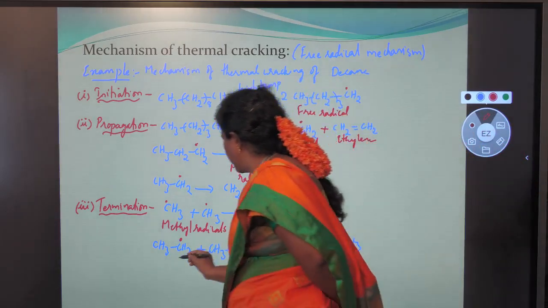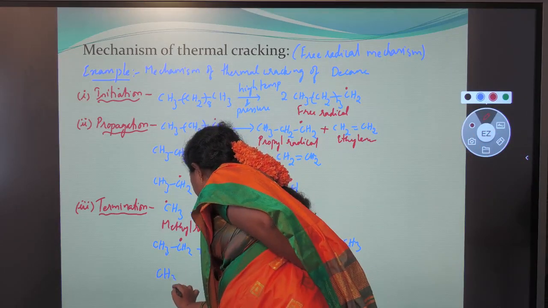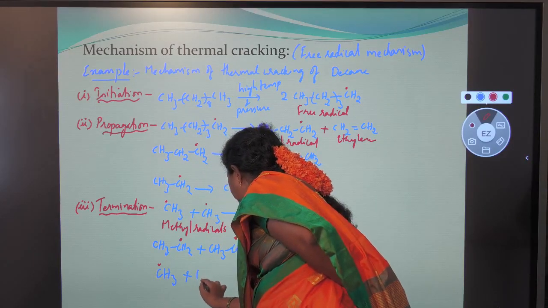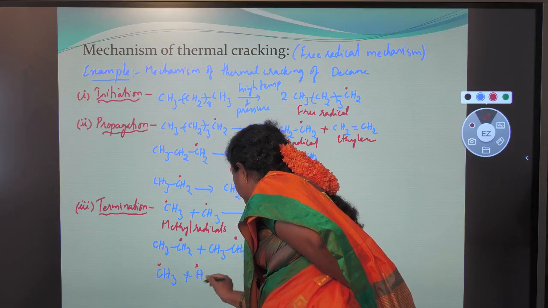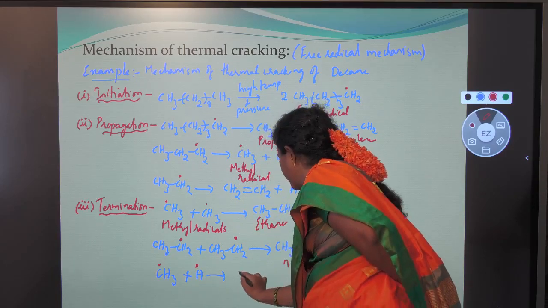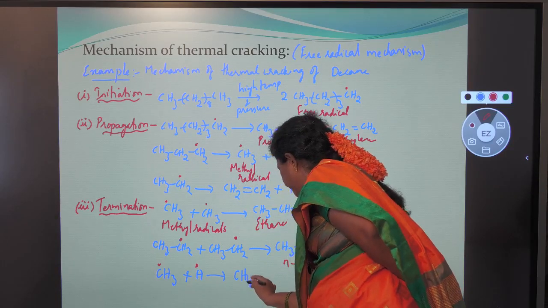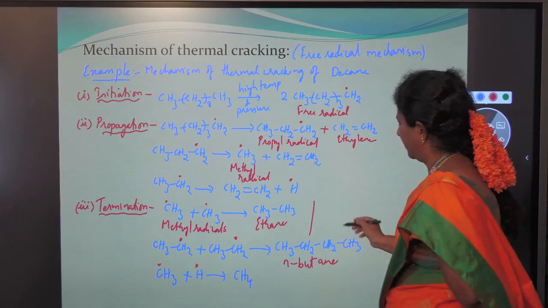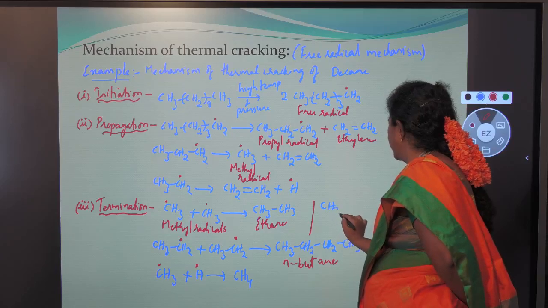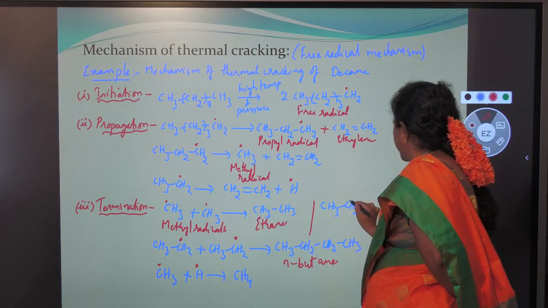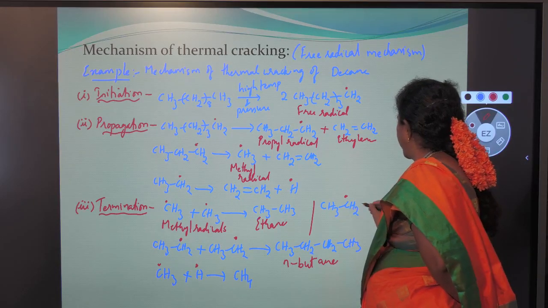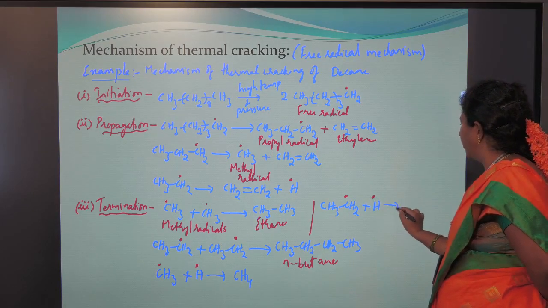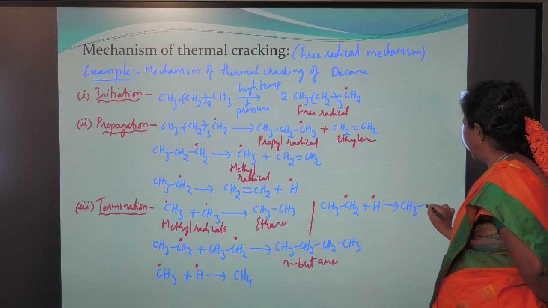Or the methyl radical may combine with a hydrogen radical and form methane. Another possibility is that an ethyl radical may couple with a hydrogen radical, forming ethane.